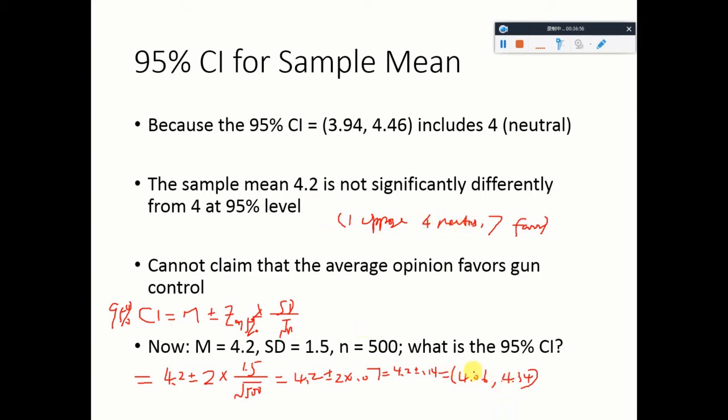That means, sure, it can be as low as 4.06, but it is still in the direction of favoring gun control. That's why we can conclude that at a 95% confidence level, the average opinion of this population favors gun control.